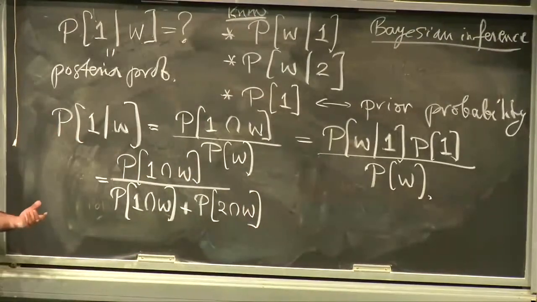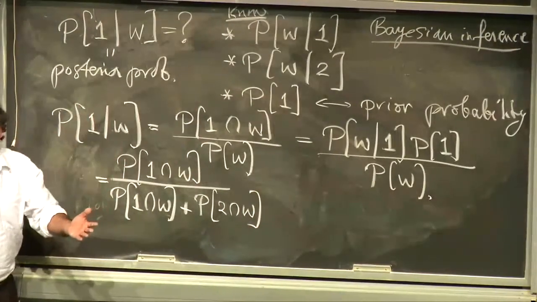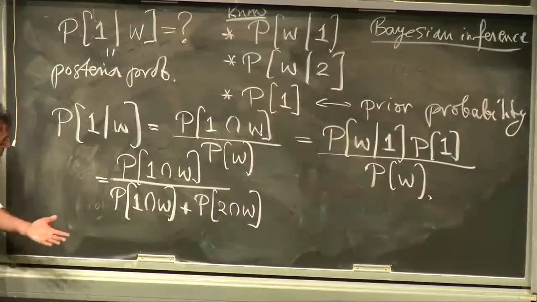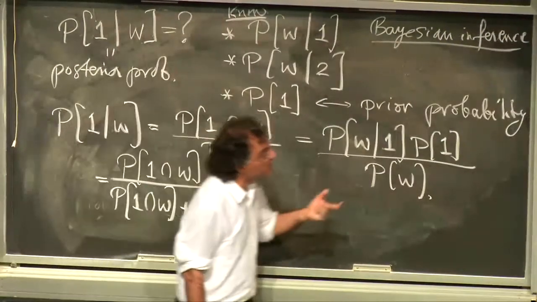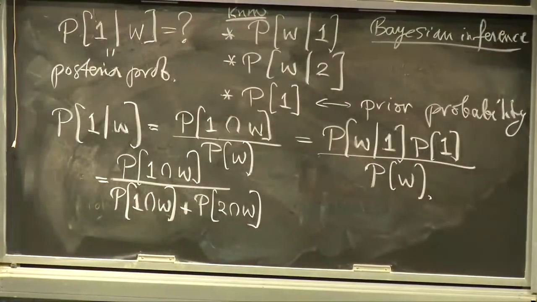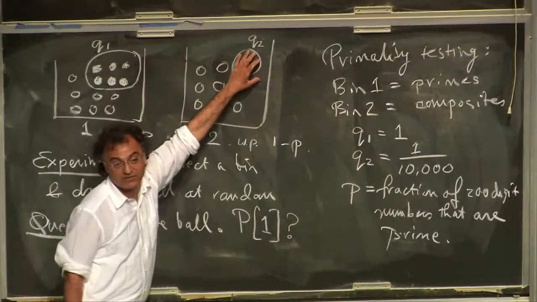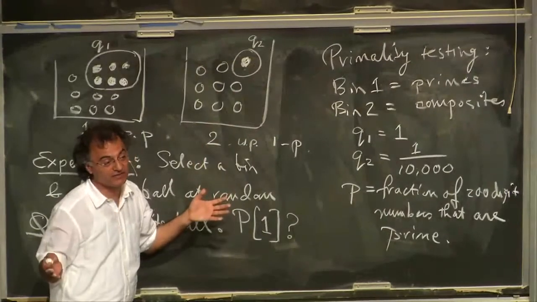Because we either pick bin 1 or we pick bin 2. So if white showed up, it's either because we picked bin 1 and we picked a white ball, or because we picked bin 2 and we picked a white ball. Those are the only two alternatives.